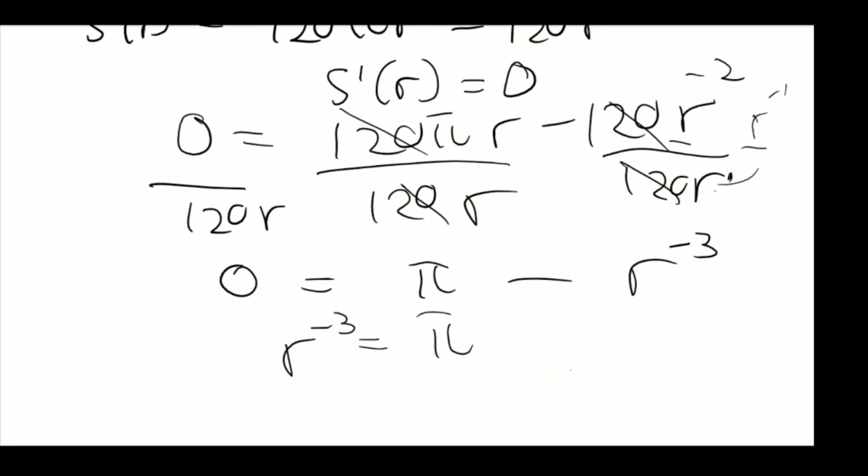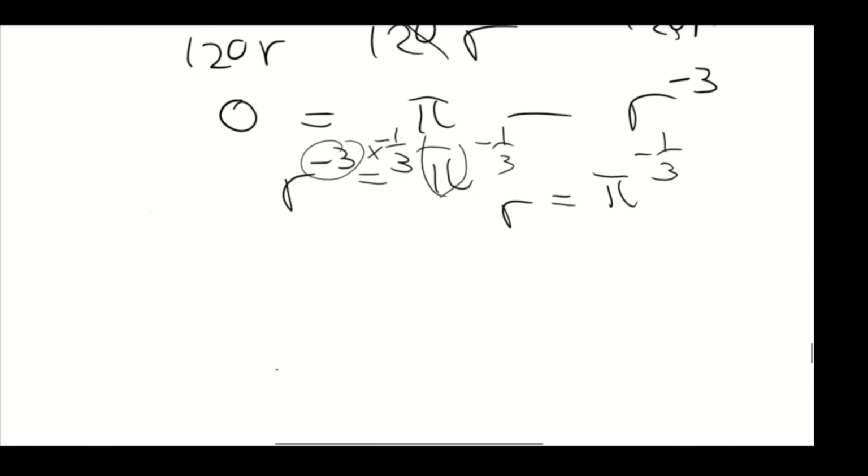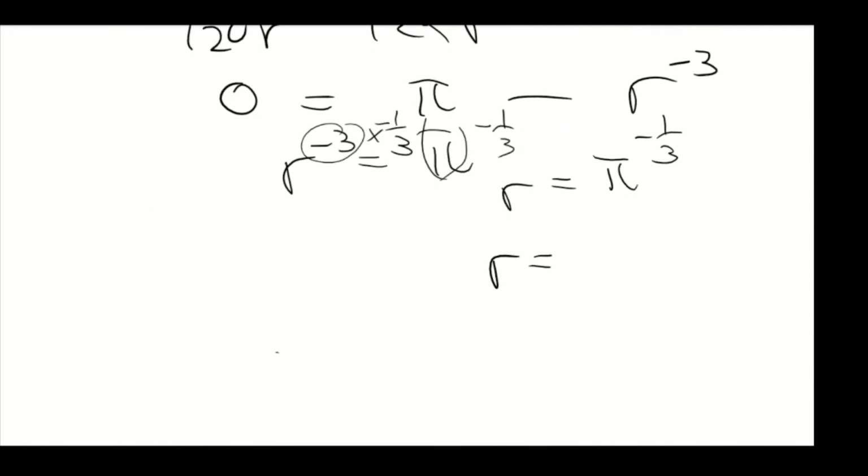And to remove this power of minus 3, we have to raise to the power of negative 1 over 3. So our r is equal to pi to the power of negative 1 over 3, which if you write it properly, is r equals 1 over pi to the power of 1 over 3, which approximates to 0.68 centimeters.